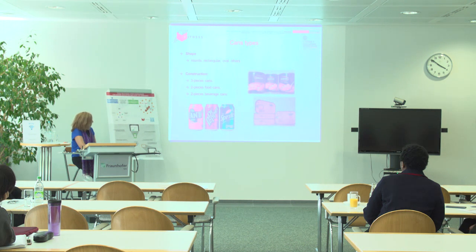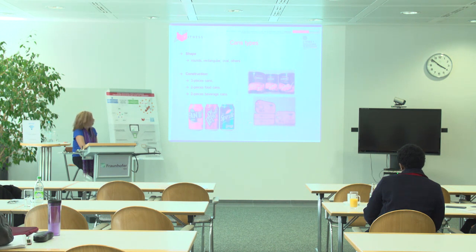The difference is, okay, 2 pieces. We understand that in this type of can, the bottom and the body are only 1 piece. So we don't have a seam on the body. So it's 2 pieces because we have body and bottom, and we have the lid. And this is the same, it's a tuna can.